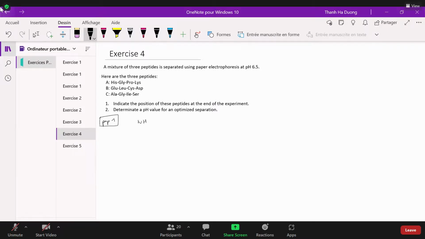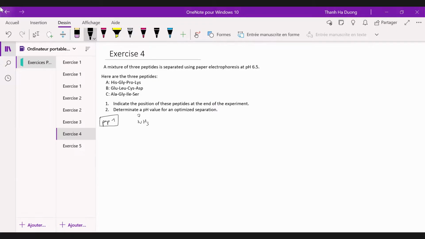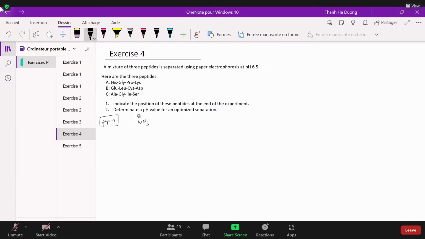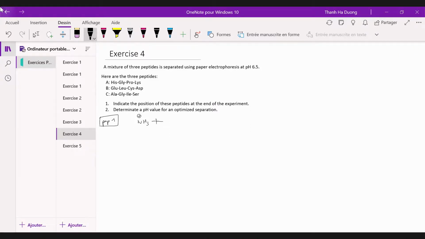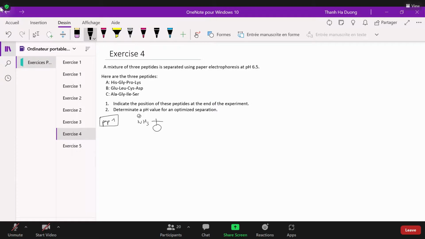So I will write the formula of this peptide at low pH, in acid medium. For histidine, you have the aromatic ring, which is positively charged.